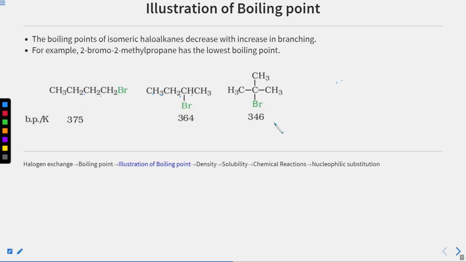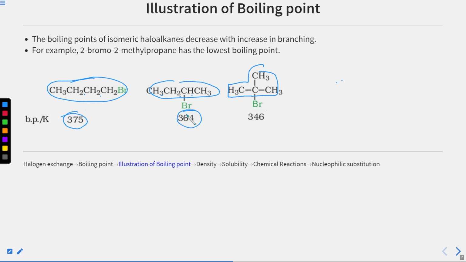Or you can say it in a chemistry way: the more the branching, the lower the boiling point, because of decreased surface area, and decreased surface area results in less van der Waals forces. This one has the maximum amount of branching, this one is in the middle, and this is the least. So the least branched one has the highest boiling point.